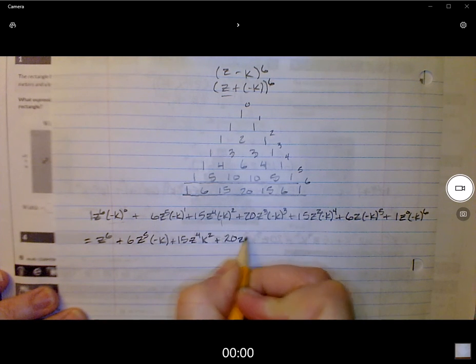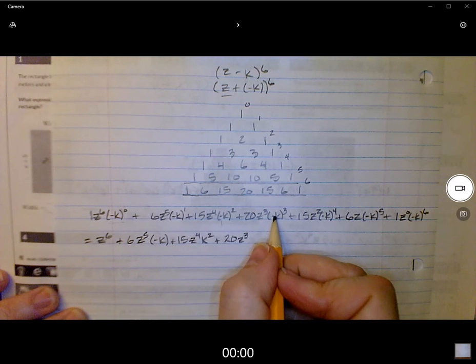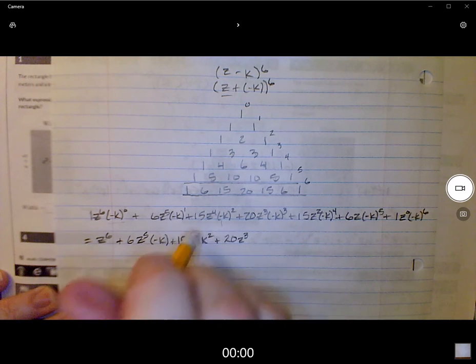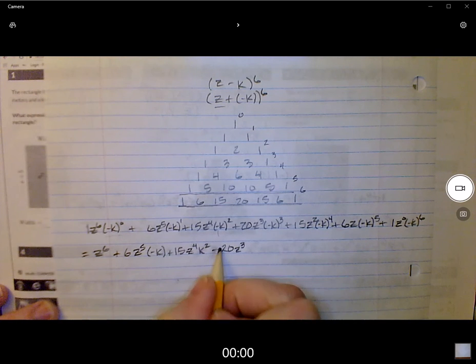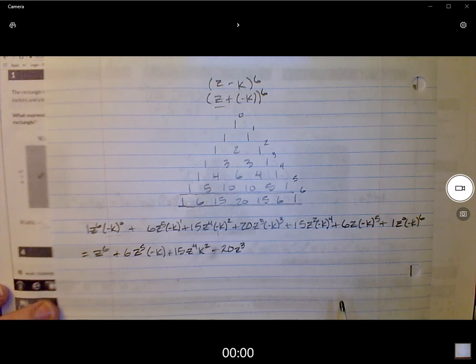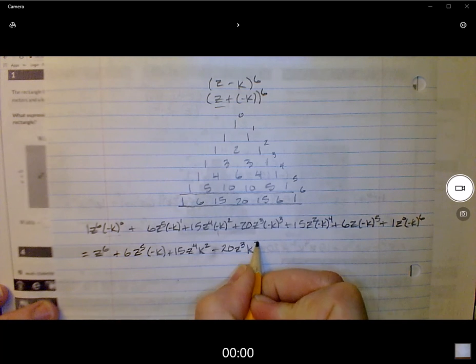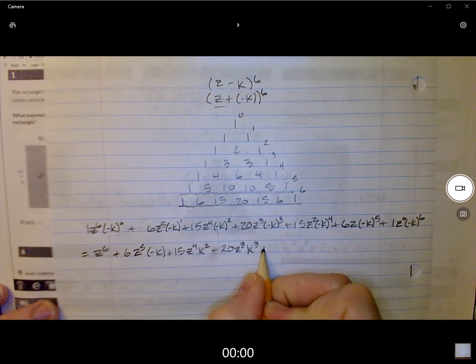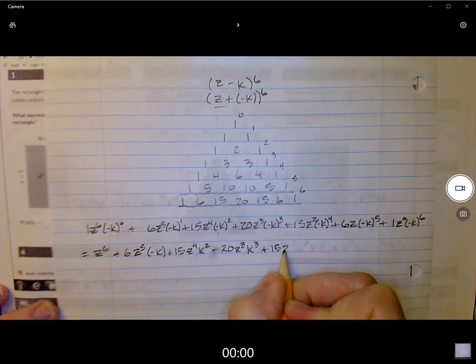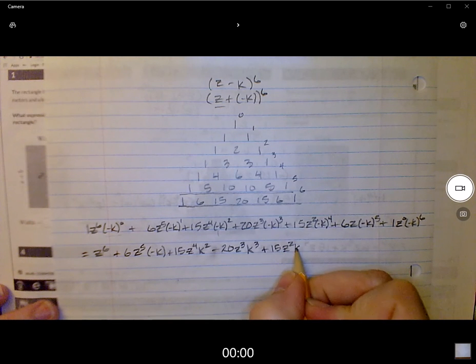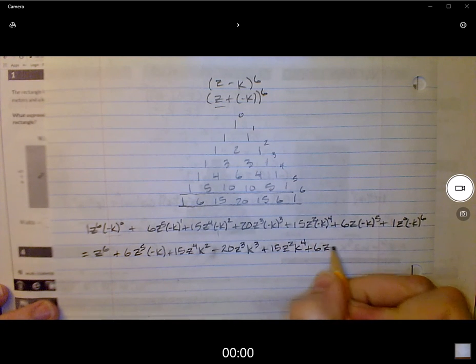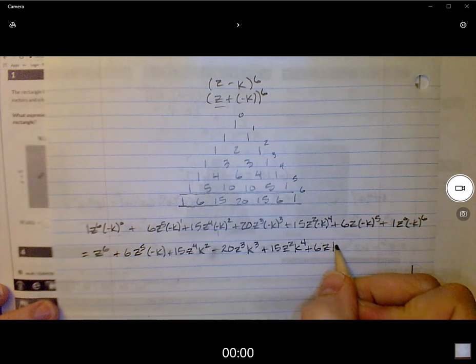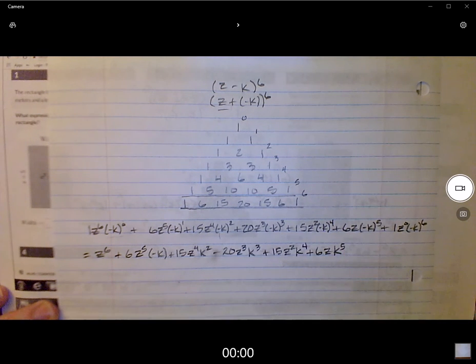20z to the 3rd. Now, I don't want any negative k terms, so rather than have that be a positive term, oops, I'm going to have it be a negative term. Oh, that's not a very good eraser, is it? Okay, and then we'll just say k to the 3rd. And then it's plus 15z squared k to the 4th, because they're the same thing, plus 6z k to the 5th.